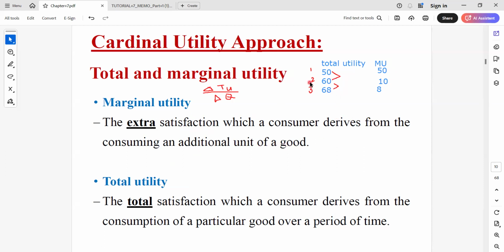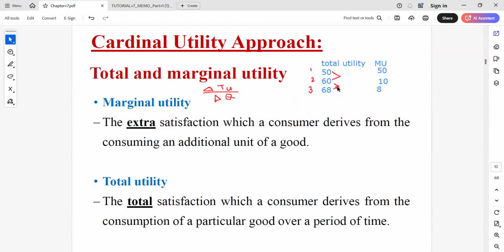And then from the second unit to the third unit, your satisfaction also increased, from 60 to 68. But by how much? I want to find the additional satisfaction you got from consuming the third unit of this product.